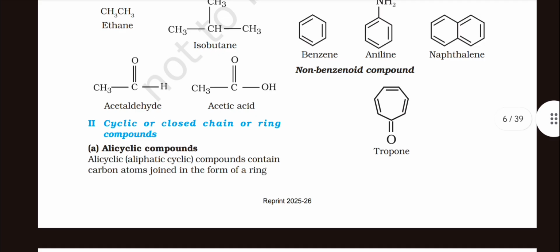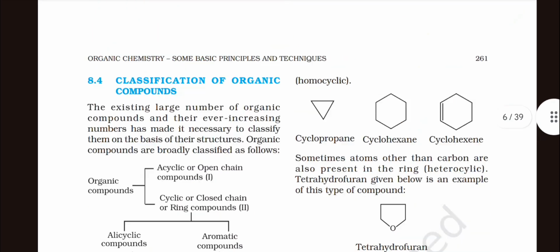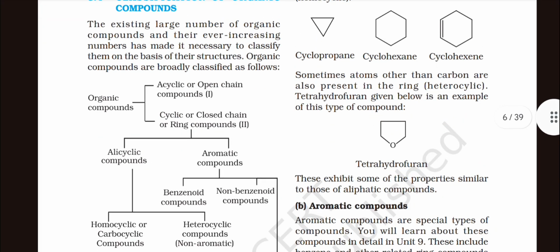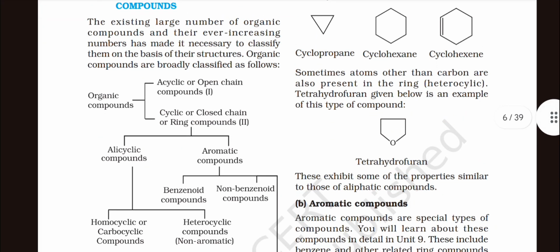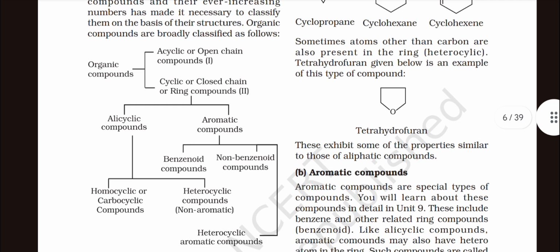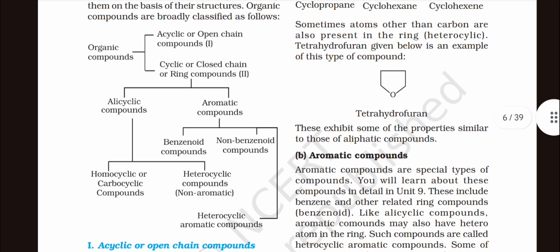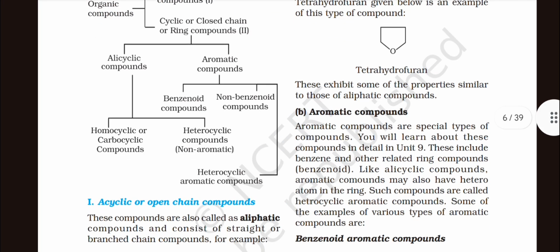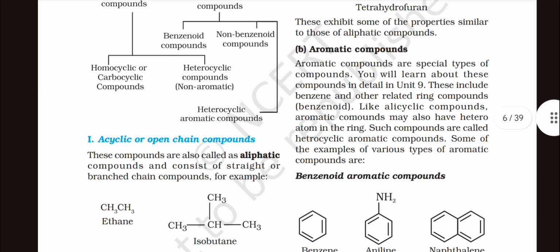Alicyclic aliphatic cyclic compounds contain carbon atoms joined in the form of a ring. Cyclopropane, cyclohexene. Sometimes atoms other than carbon are also present in the ring. Tetrahydrofuran, given below, is an example of this type of compound. These exhibit some properties similar to those of aliphatic compounds.